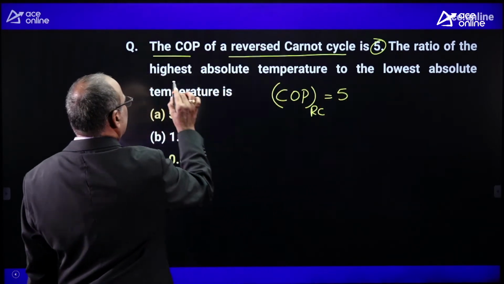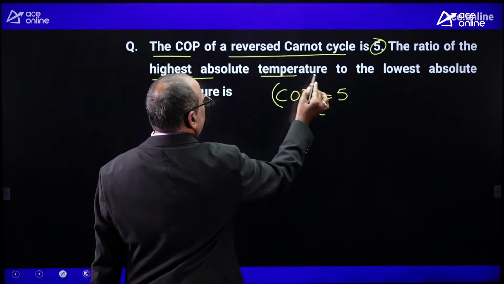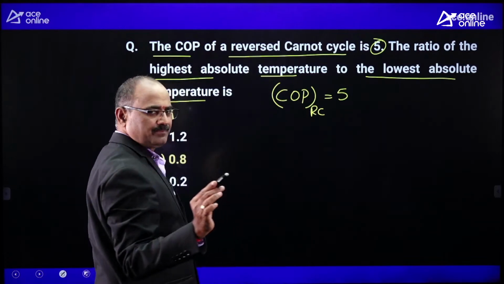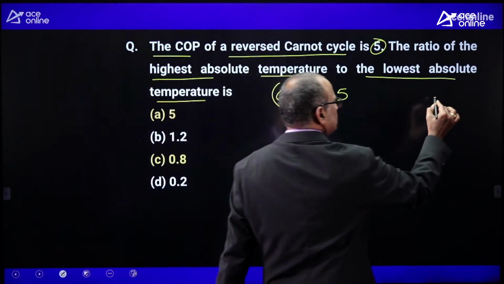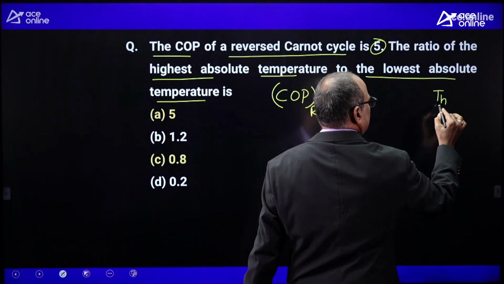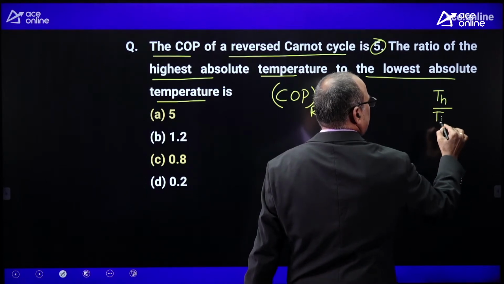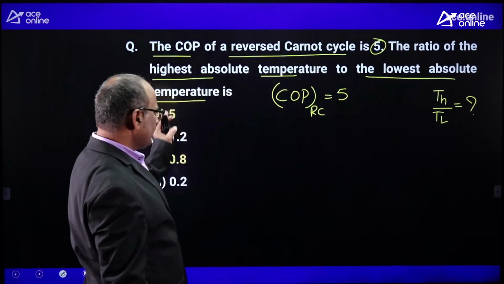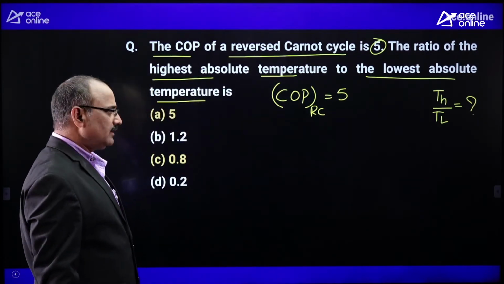The ratio of the highest absolute temperature to the lowest absolute temperature. Let the highest absolute temperature be TH and the lowest absolute temperature be TL. This TH by TL is how much? Different options are given. Okay?